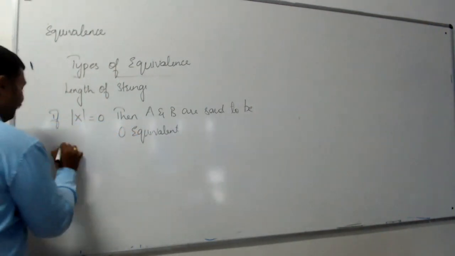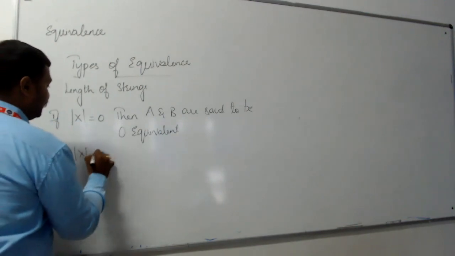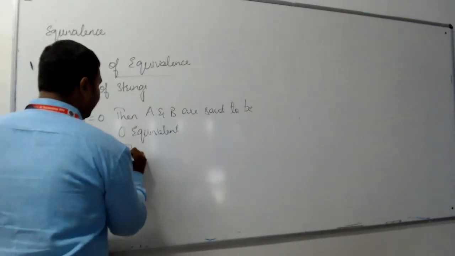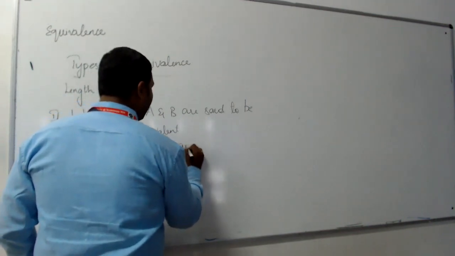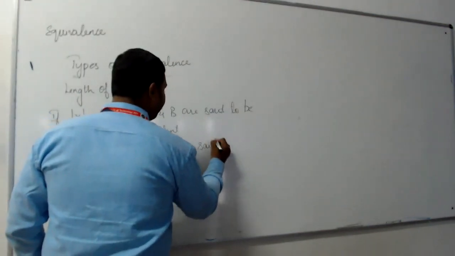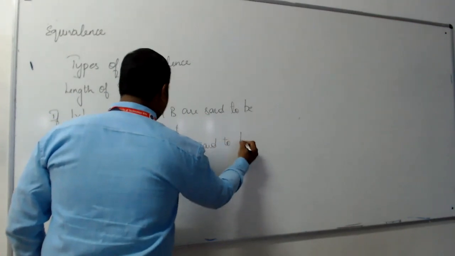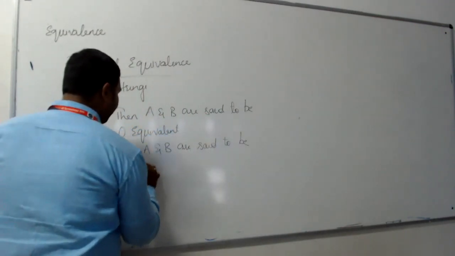Similarly, if the length of the string is 1, then A and B are said to be one equivalent.